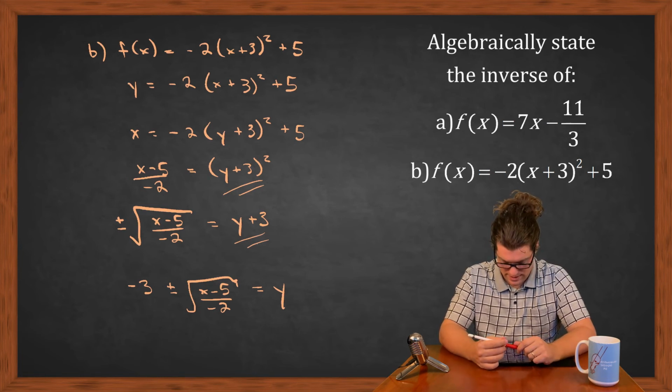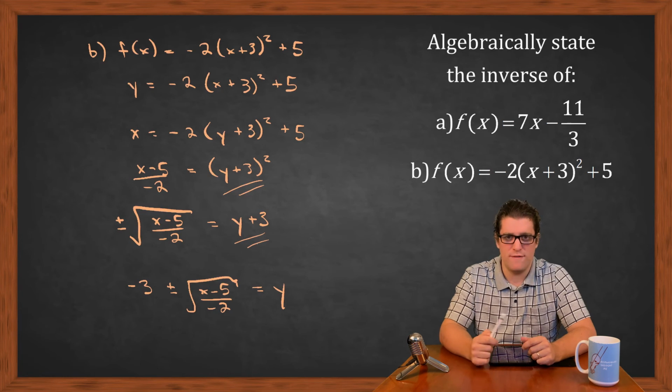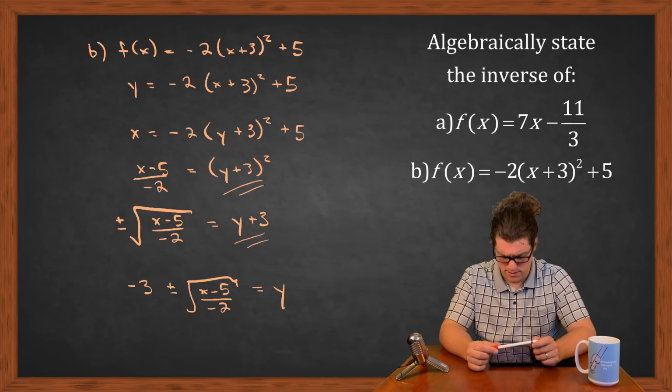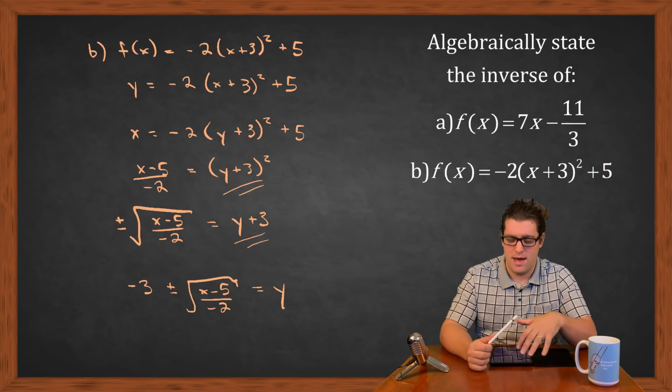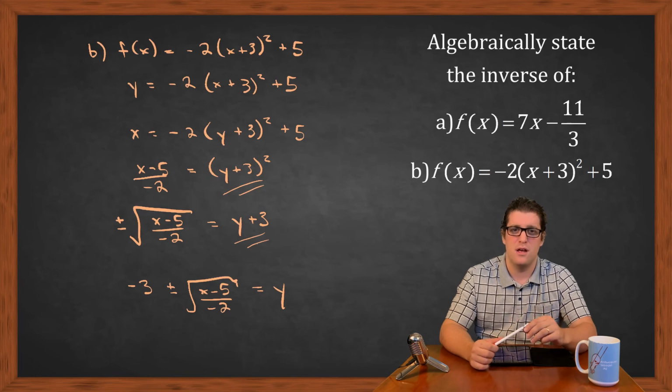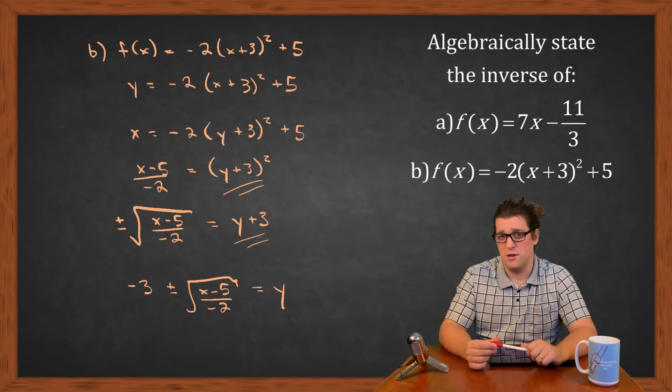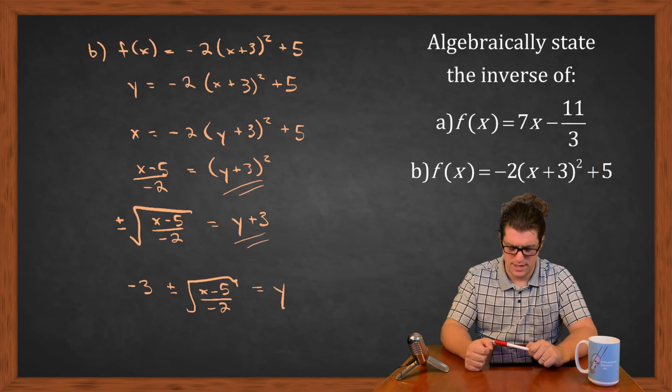So we've done that, and now we have an expression for y that has 2 options. So -3 plus or minus the square root of (x minus 5) over -2. This automatically, for most values, is not going to be something that could be a function, because we are getting 2 y values probably for a lot of different cases.